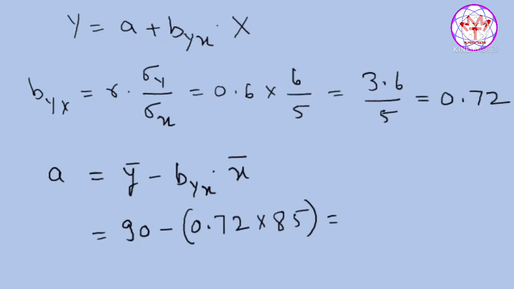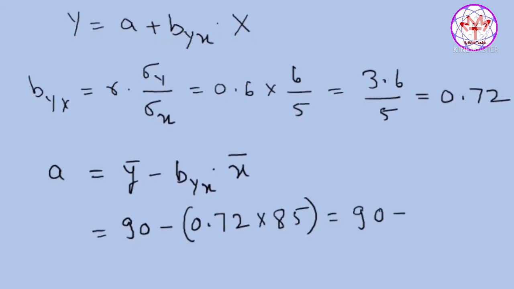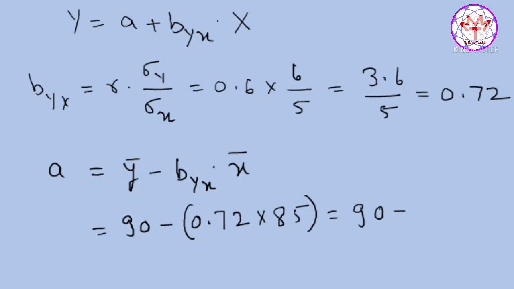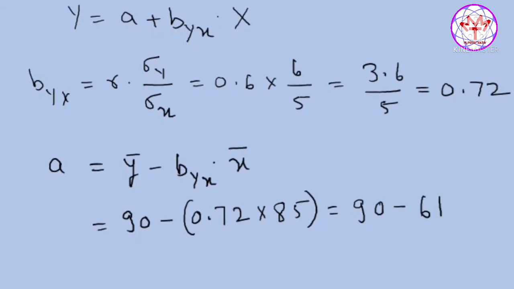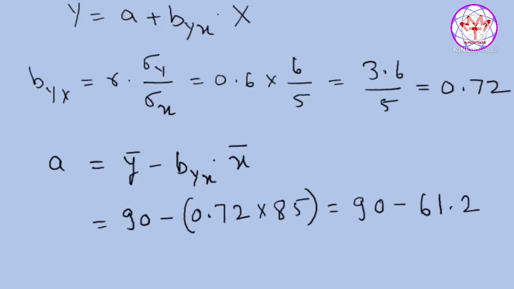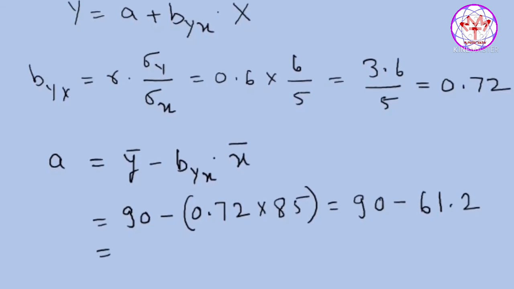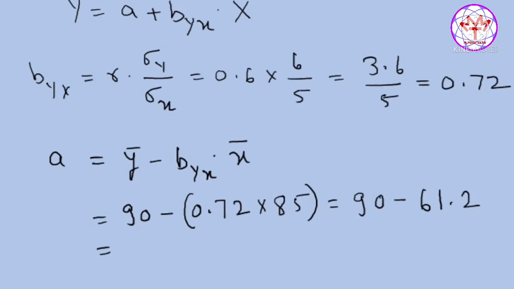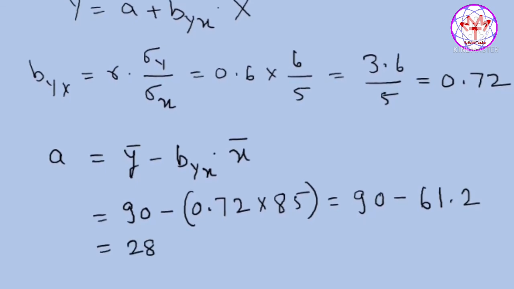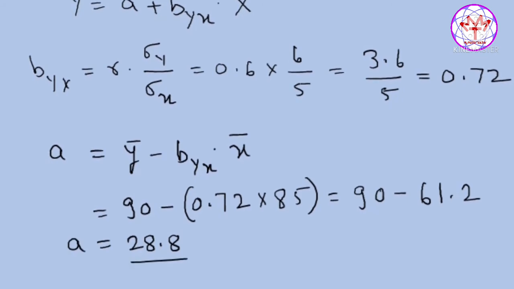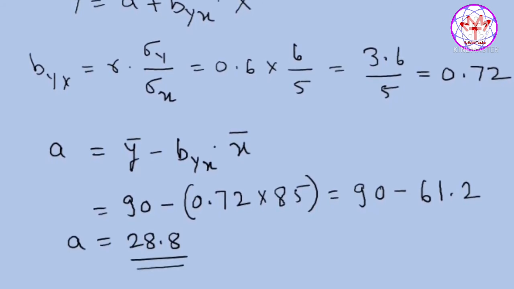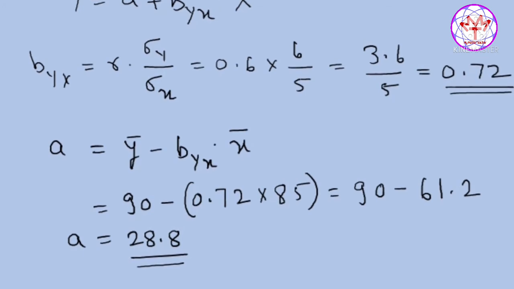So we get 90 minus 0.72 into 85 is 61.2. So that is equal to 90 minus 61.2, which is 28.8. So we have got a equal to 28.8, and byx is 0.72.